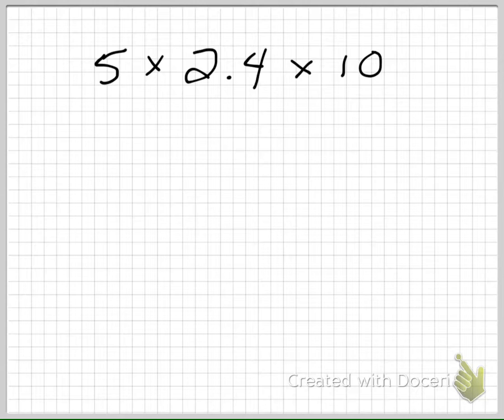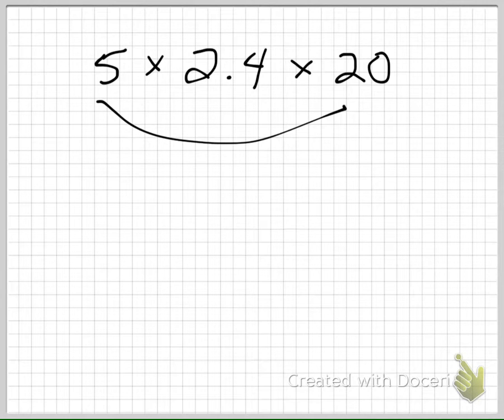Especially if I gave you one like that. Because 5 times 20 is 100. 100 times 2.4 is 240, right? Move the decimal over 2 spaces. My whole point is that you need to be able to understand that I'm allowed to do that. Move things around. Make your life easier. You don't need to do it in order if you don't have to, right?